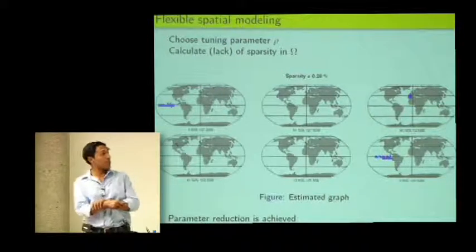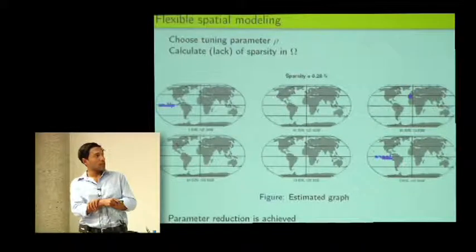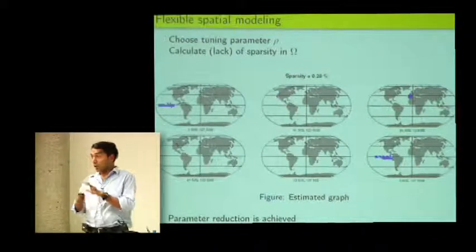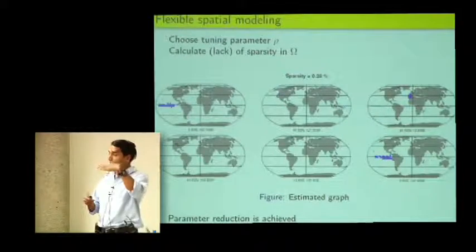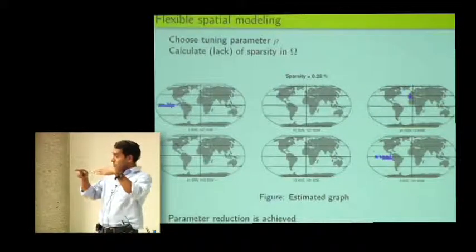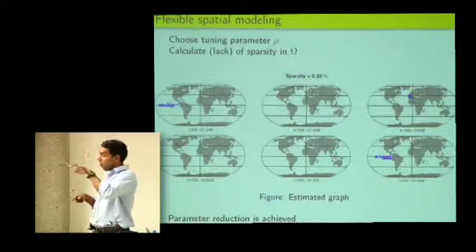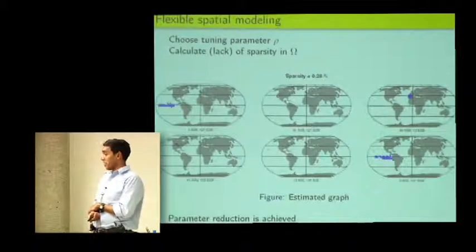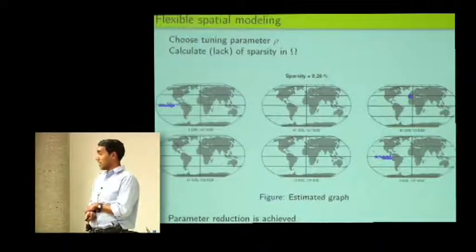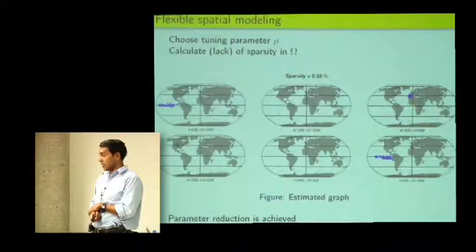So let me take, for example, this point, which is near San Francisco. There are only 4 points there which are related to it. So the row in the covariance matrix which corresponds to San Francisco, you only have 4 non-zero elements, and everybody else, the remaining 1,800 or 2,000 points, are zero.